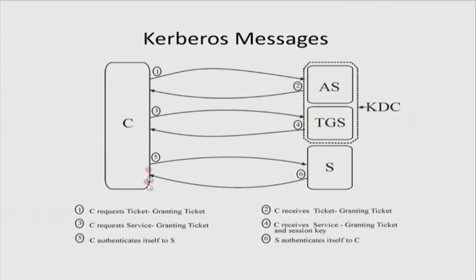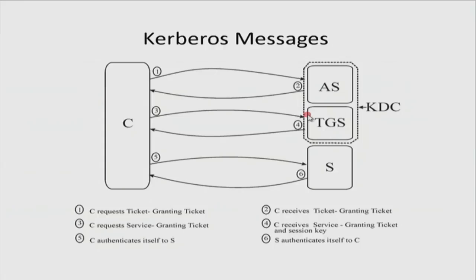For the first service that you require, you go to this TGS, request the service granting ticket, and you produce the ticket granting ticket to him. So you produce the TGT which was received in this message, and you request a service granting ticket, SGT, and a session key.